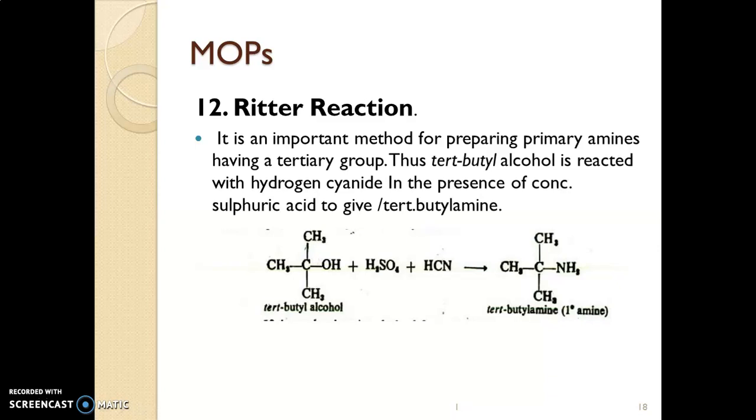So with the help of Ritter reaction we can prepare the tertiary butylamine. For this production first we require the tertiary butyl alcohol, then concentrated H2SO4, and the second one is hydrogen cyanide. When all these three reagents react together, tertiary butylamine is produced.